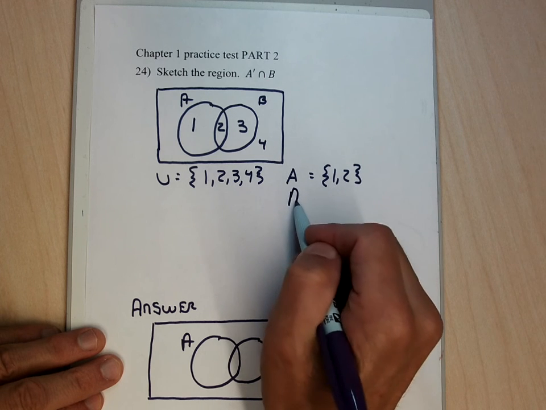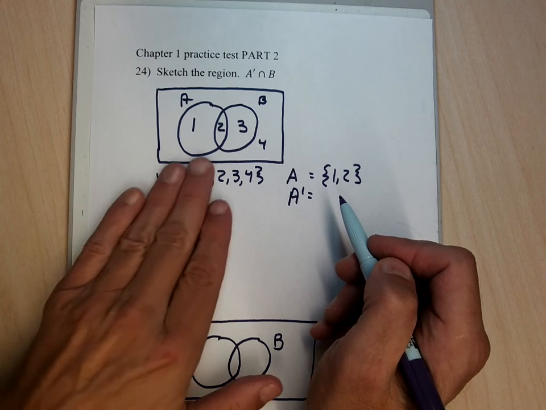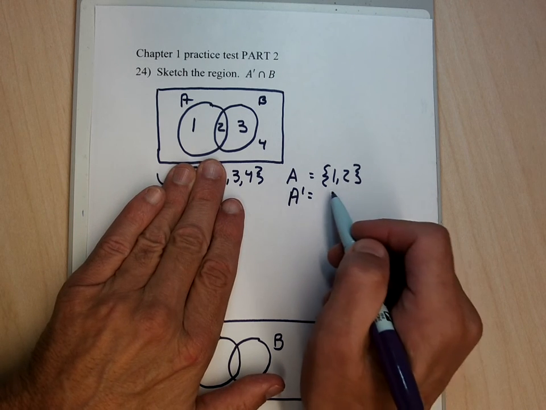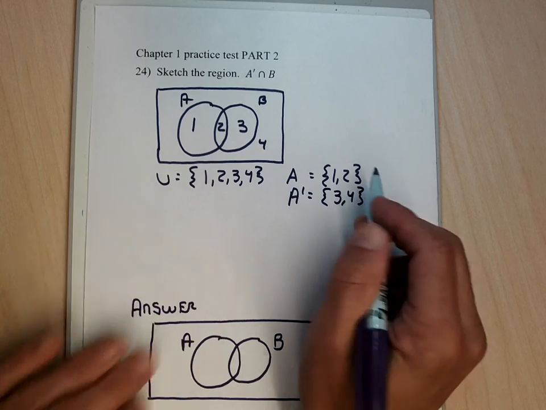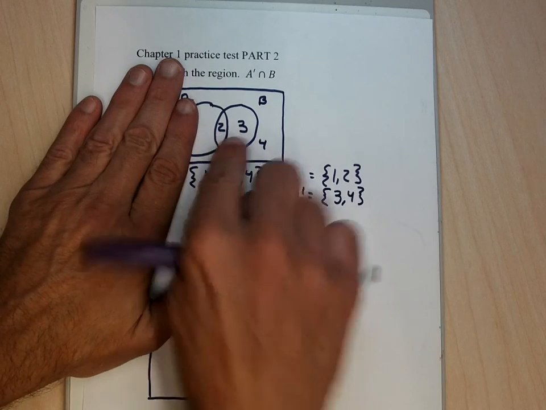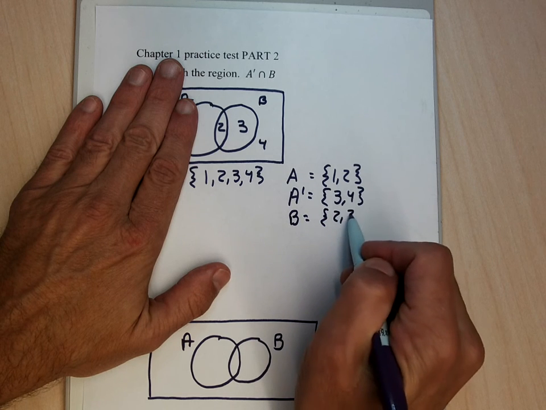The set A complement would be the numbers in the universal set that aren't in set A. So if I remove 1 and 2 from the universal set, I get A complement, which would be the set containing 3 and 4. Set B would be the two numbers in the B circle, which is 2 and 3.